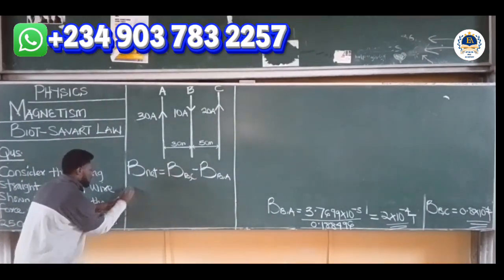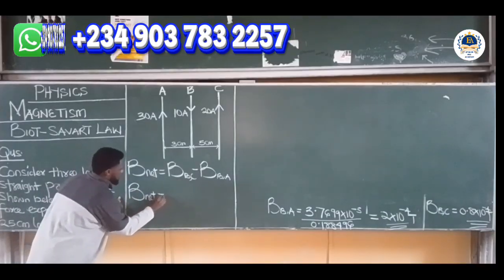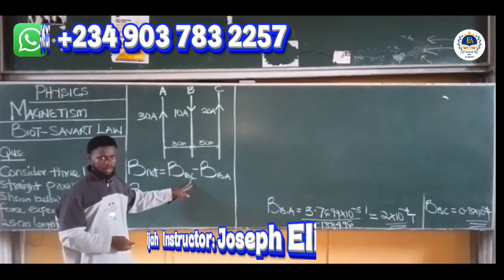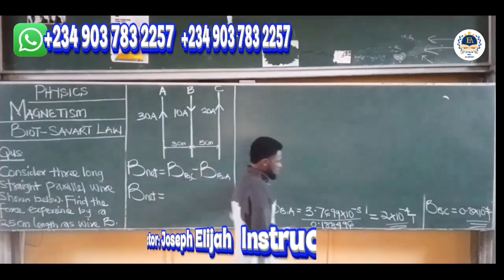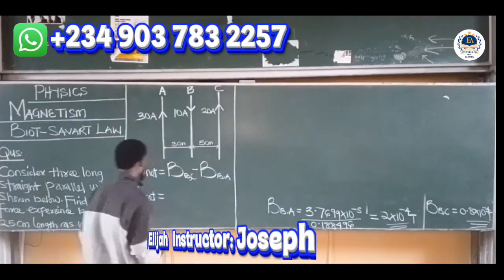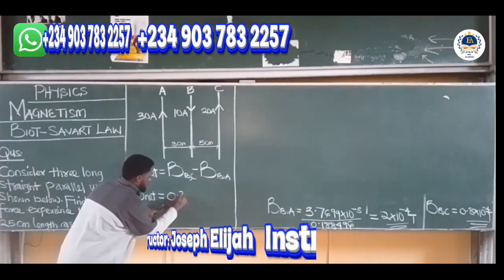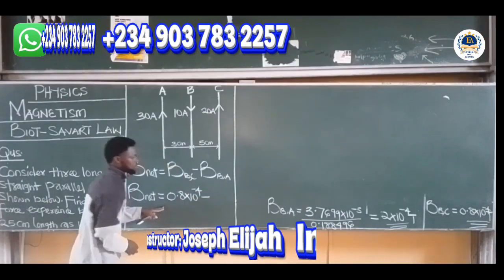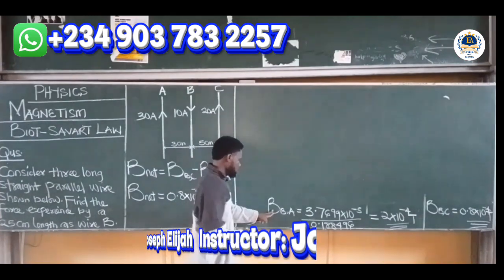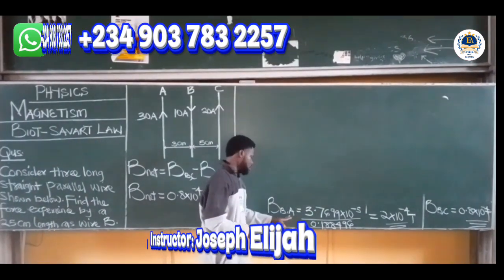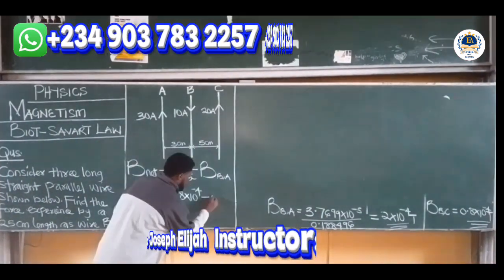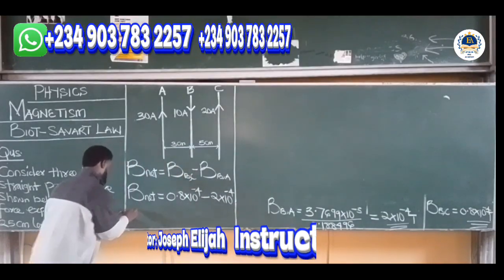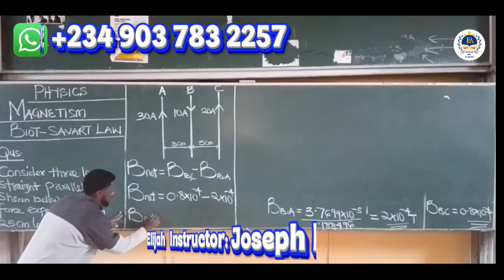So B net will equal the magnetic field produced by C at B, which is 0.8 times 10 raised to the power of minus 4, minus the magnetic field produced by A at B, which is 2 times 10 raised to the power of negative 4.